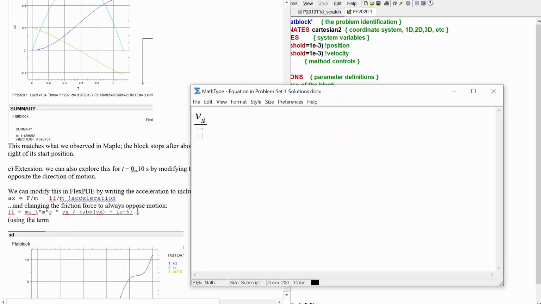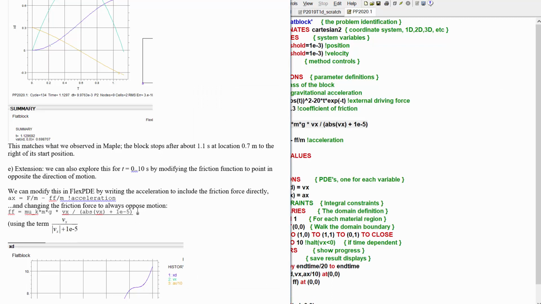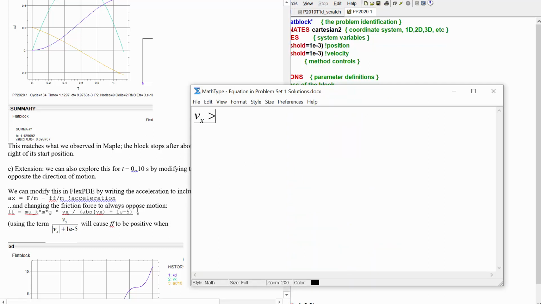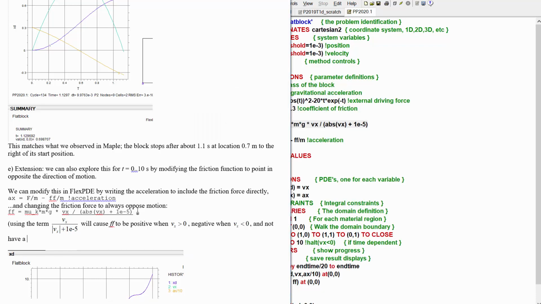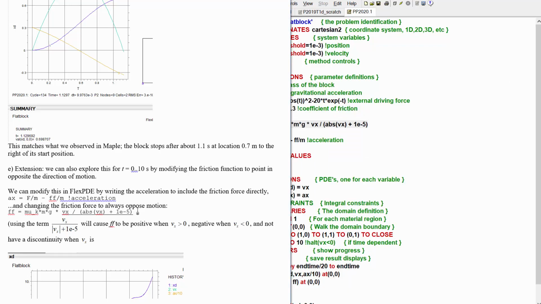Using the term Vx over the absolute value of Vx plus 1e minus 5 will cause FF to be positive when Vx is greater than 0, negative when Vx is less than 0, and not have a discontinuity when Vx is close to 0.